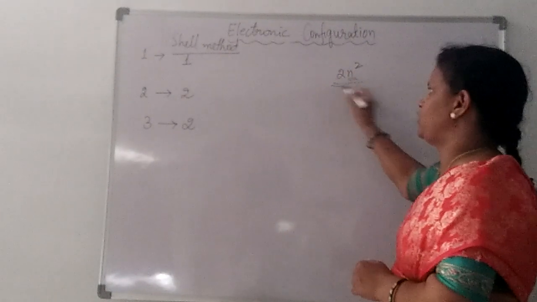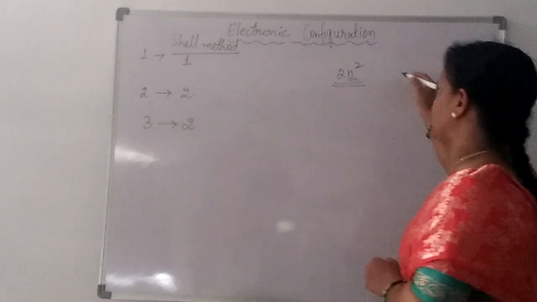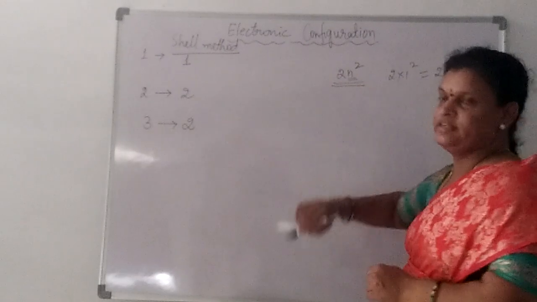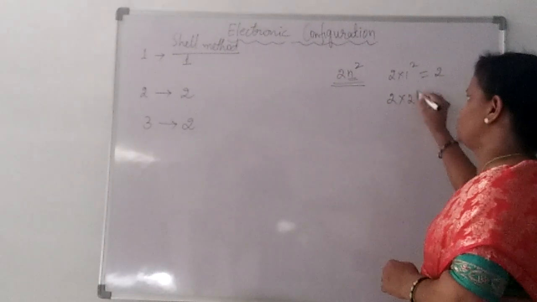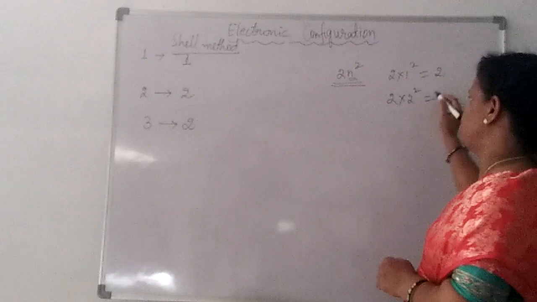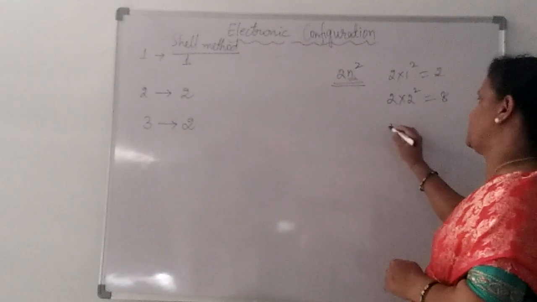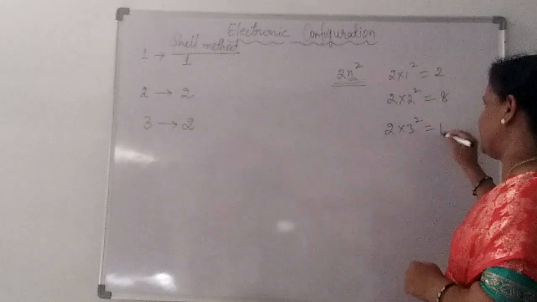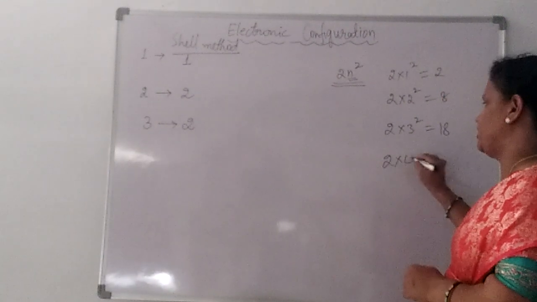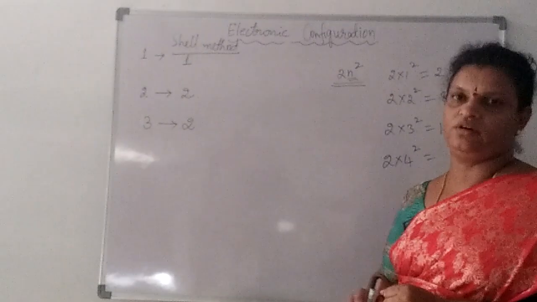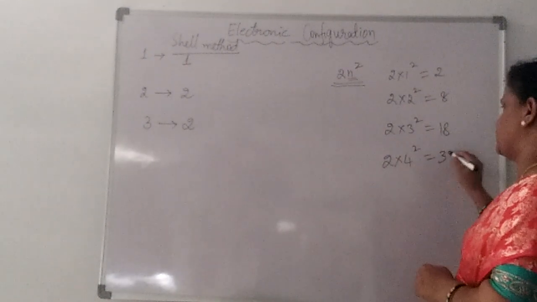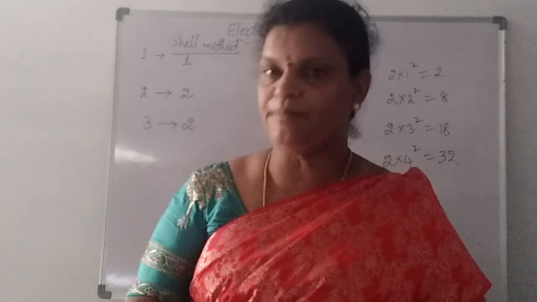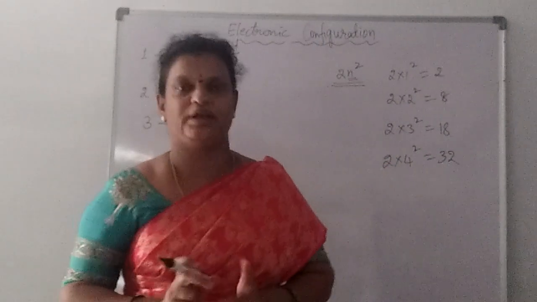So the first shell can accommodate 2 into 1 square, that is 2 into 1, which becomes 2. The second shell can accommodate 2 into 2 square, 2 into 4, which is 8. The third shell can accommodate 2 into 3 square, which is 2 into 9, that is 18. The fourth shell can accommodate 4 square, that is 16, into 2, which is 32. Like that we can identify the maximum number of electrons in a particular shell based on the formula 2n square.